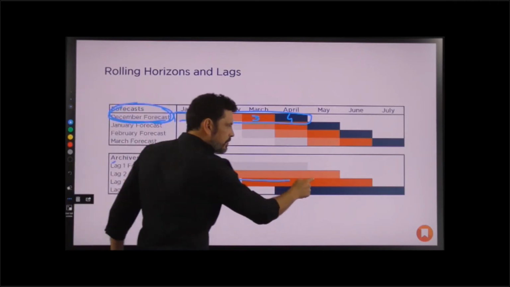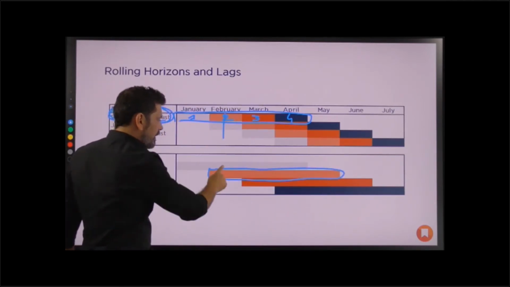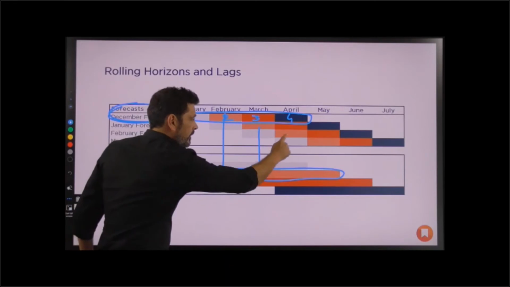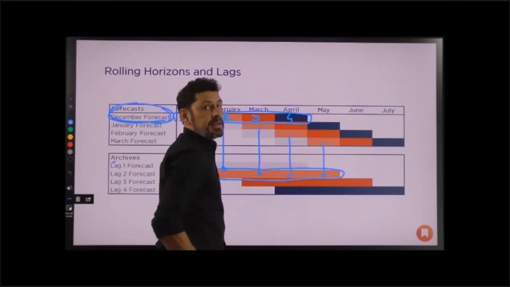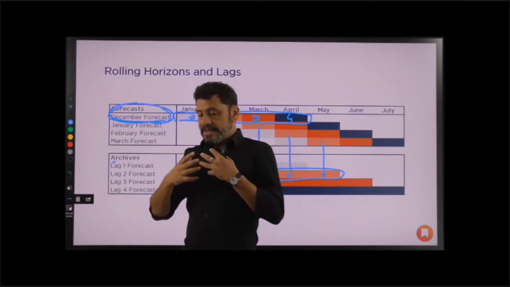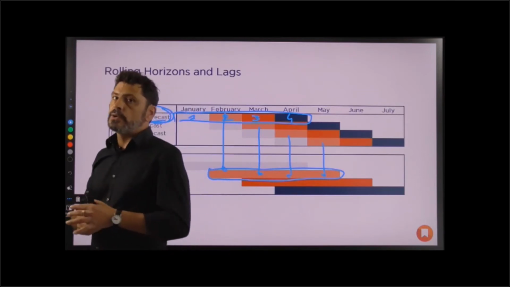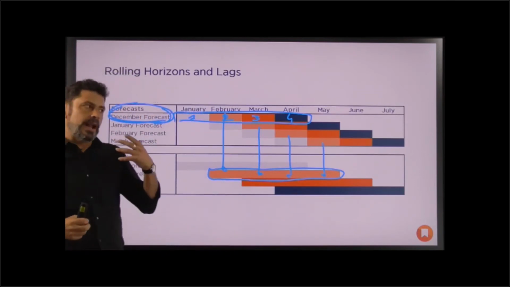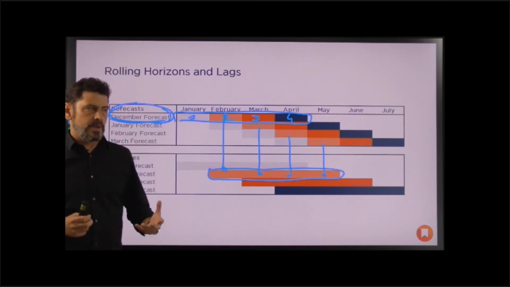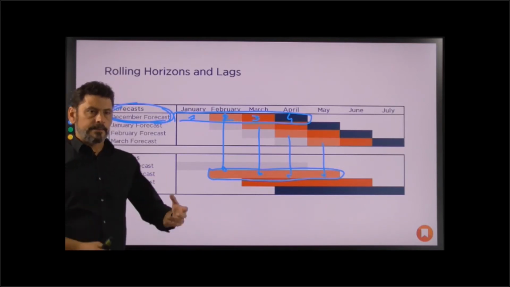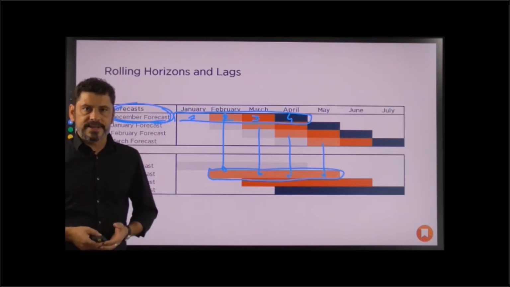Then this would be the combined archive, the time series that you would use to compare your forecast and calculate your forecast accuracy.